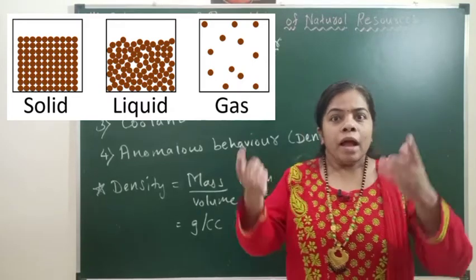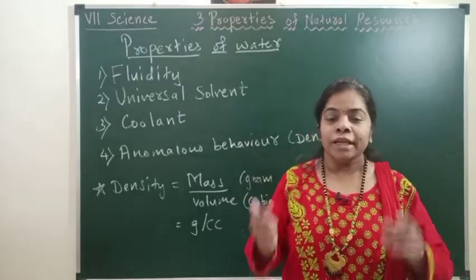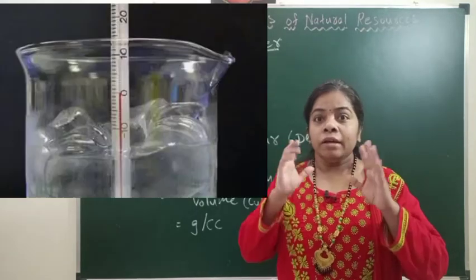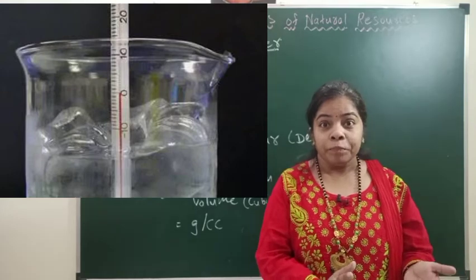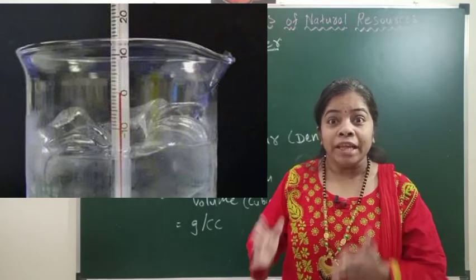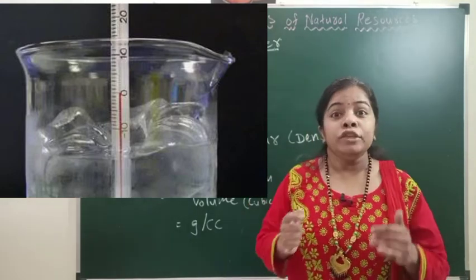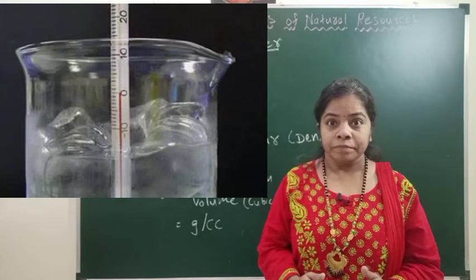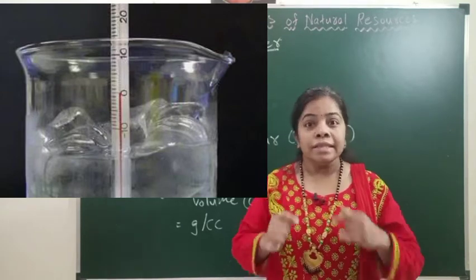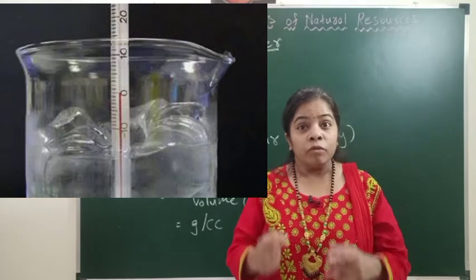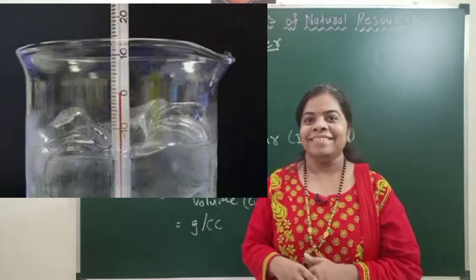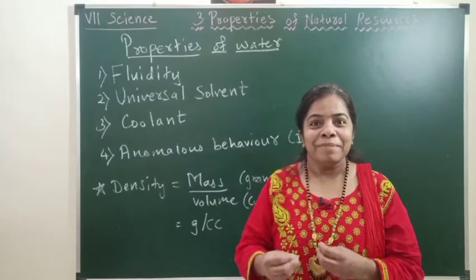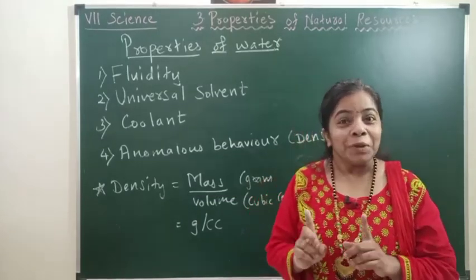So our natural assumption is that when the liquid water changes to ice, which is solid, it should become heavier. But this is not so. When the water turns into ice, it becomes lighter. Children, it becomes lighter. It is not becoming heavier.